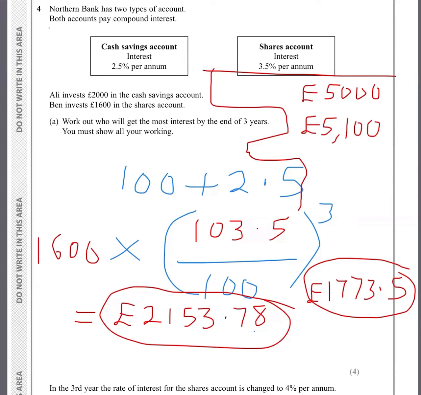How much interest have you accrued? 100. How did you get the 100? I did 5,100 take away 5,000. So the same approach will be used here.